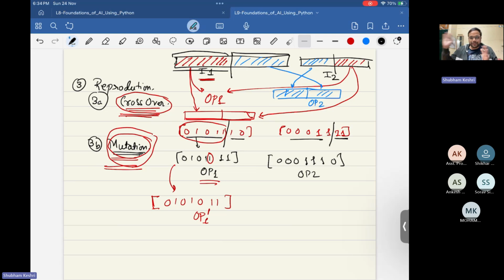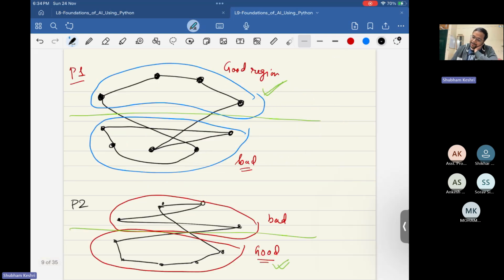It just randomly shifts. So over here you see the adjacency is more important. In the knapsack problem, the adjacency was not important because adjacency just means object 1 and object 2. But in the traveling salesman problem, the adjacency means something. When city B is close to city F, it means we are going from city B to city F. And if we are preserving that adjacency, then we are preserving good areas.